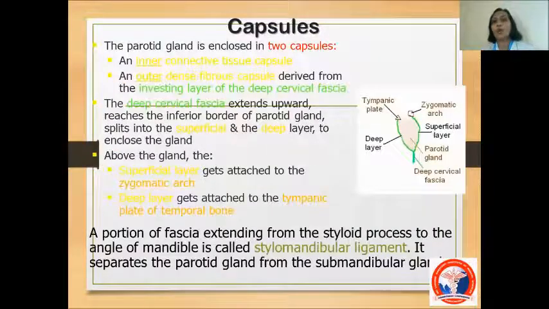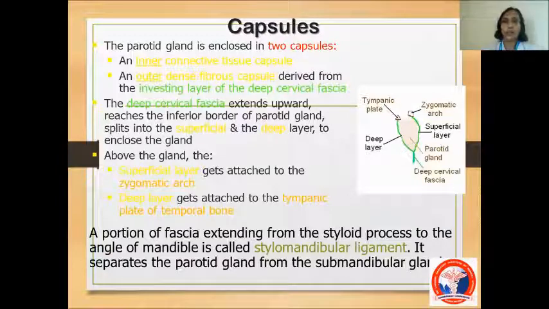The capsule of the gland has two coverings. The inner covering is formed by the connective tissue of the gland itself, whereas the outer covering of the gland is formed by dense fibrous capsule. This layer is derived from the investing layer of deep cervical fascia.